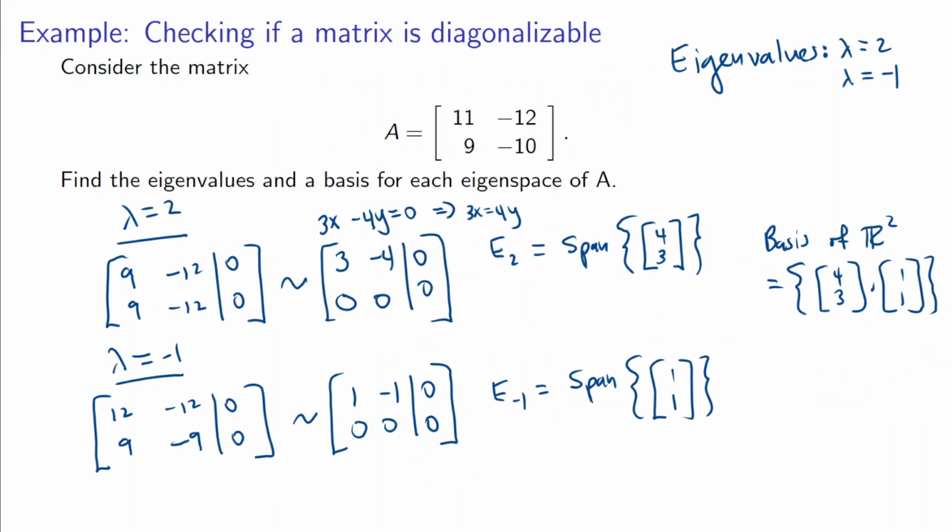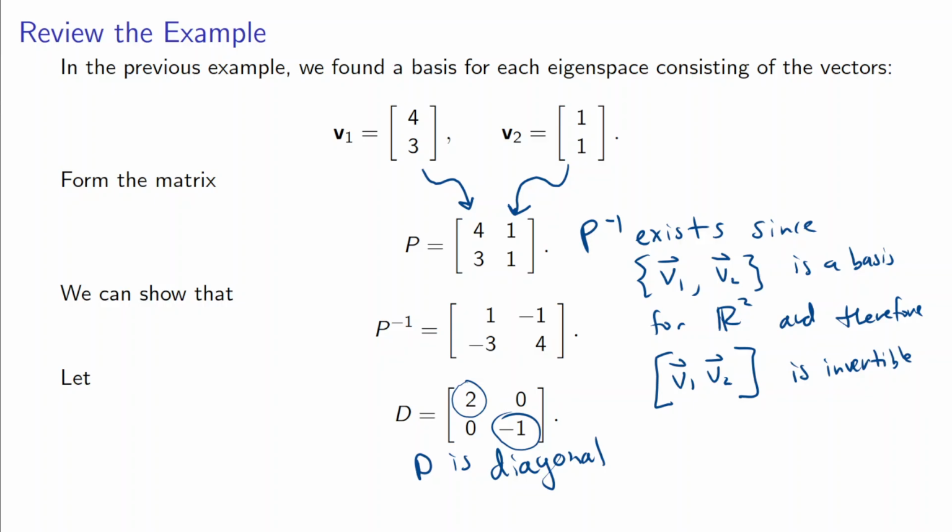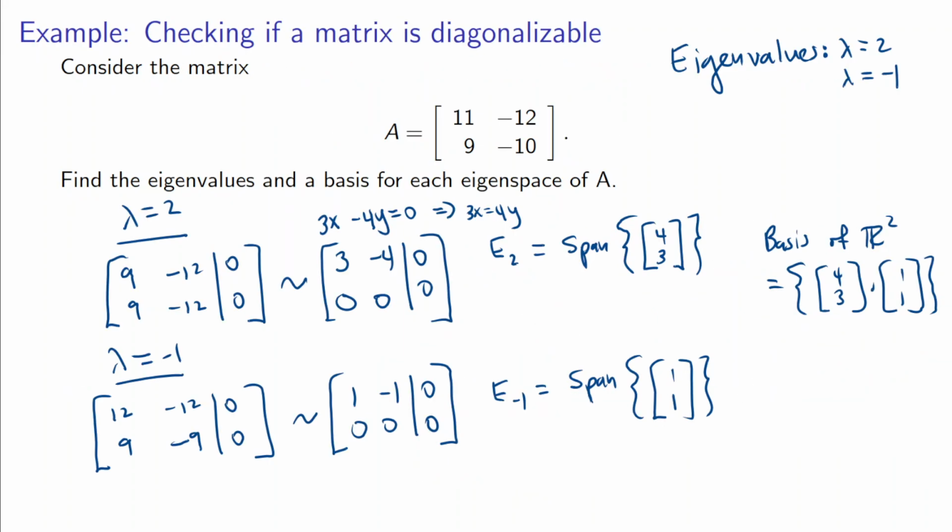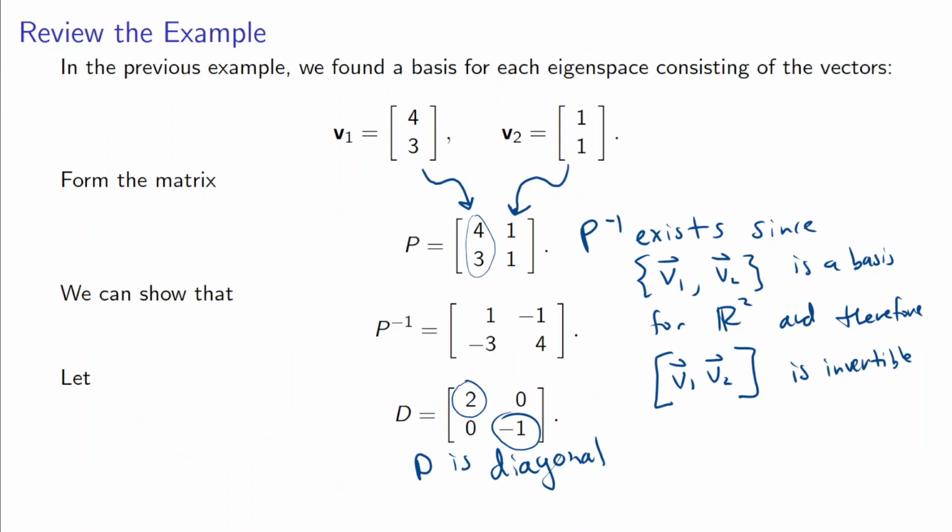So if we go back here just a second, you see that E sub 2 is the span of (4, 3). So (4, 3) is an eigenvector corresponding to the eigenvalue 2. So D is going to have a 2 in the first position since P has the corresponding eigenvector in its first column. And then (1, 1) was an eigenvector corresponding to -1. So we're going to put the -1 in the second position of D, to match with that.